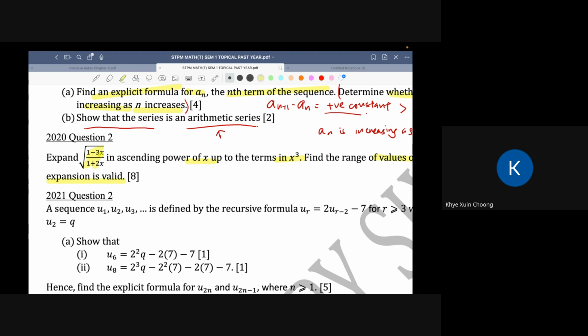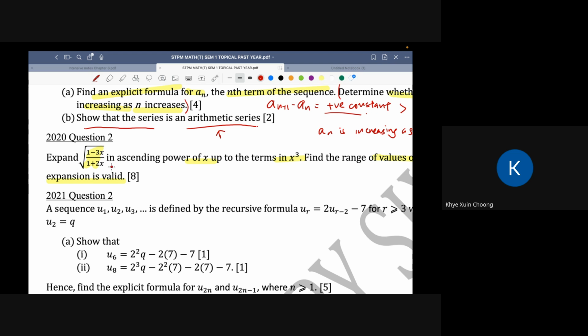So for expansion questions, at your level, you only know binomial expansion. You don't know other expansions. Only in Sem 2 will you know how to do other expansions. But during Sem 1, you only know binomial expansion, so don't think of other expansions or other formulas. When you see expansion, you must recall you only know binomial expansion and use it to solve the question.